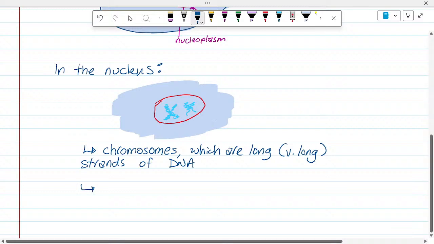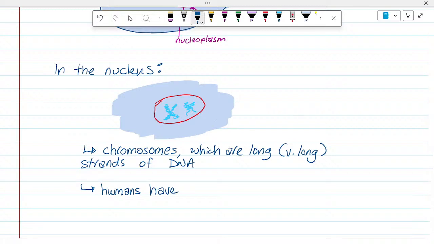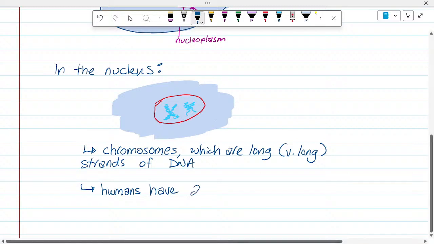How many chromosomes does a human have? No, I mean, I drew 2 because I didn't want to draw the real number. Yeah. You're close. Switch the numbers. Yeah. Humans have 23 unique chromosomes.